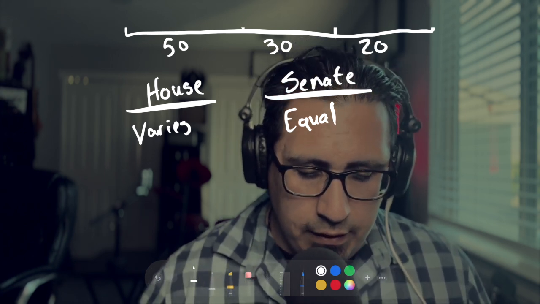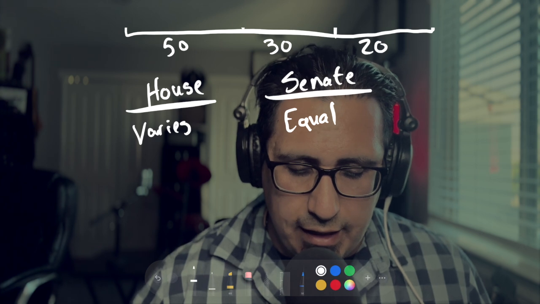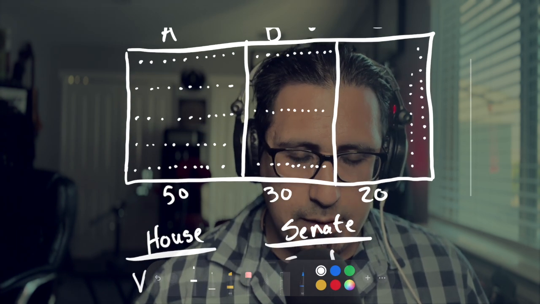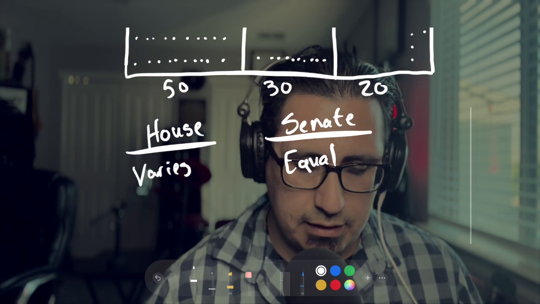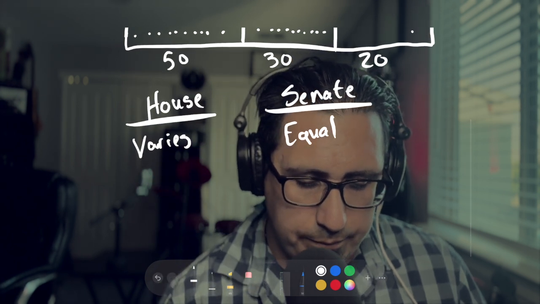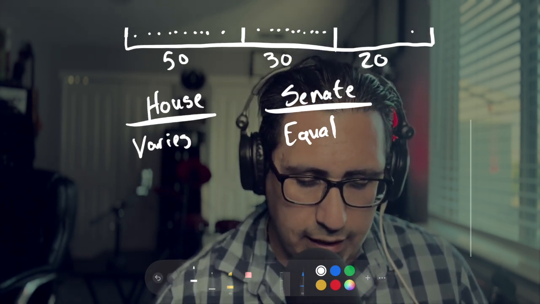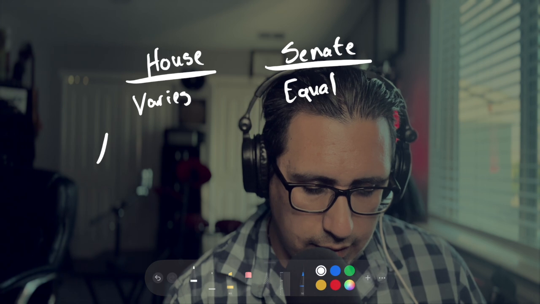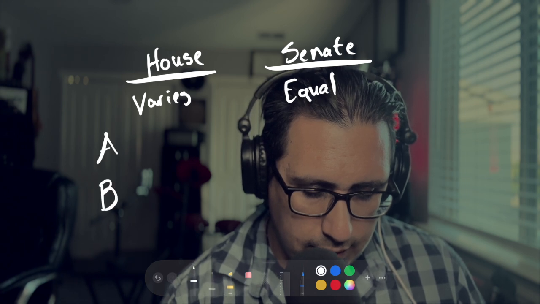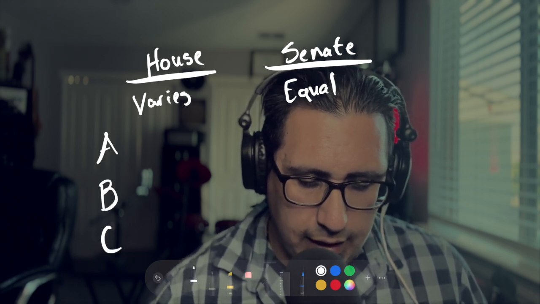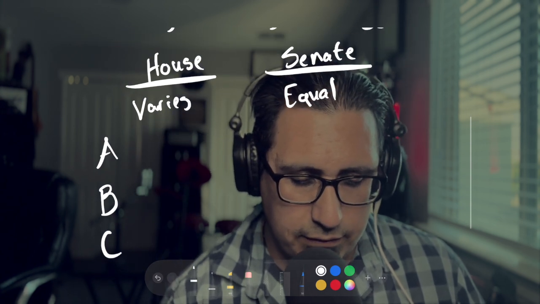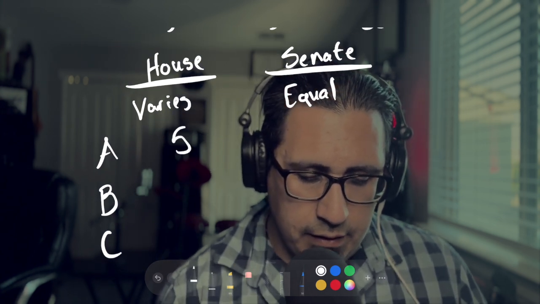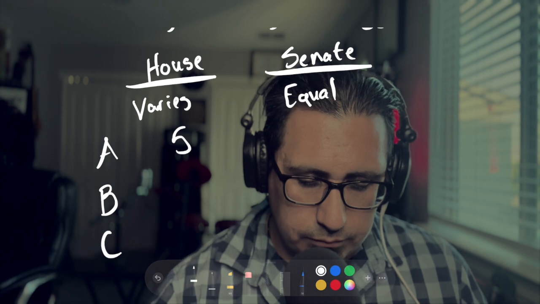So for simplification, let's say every 10 people gets 1 representative. So in this case, the House for block A, B, and C. Block A had 50 people, so divide by 10, that's 5 representatives.